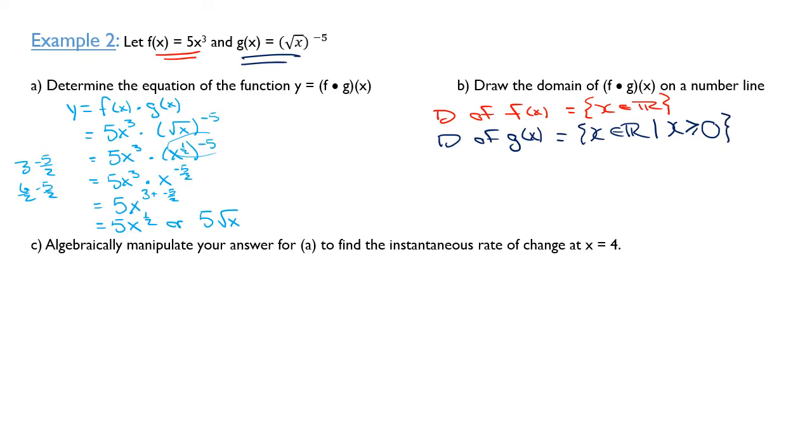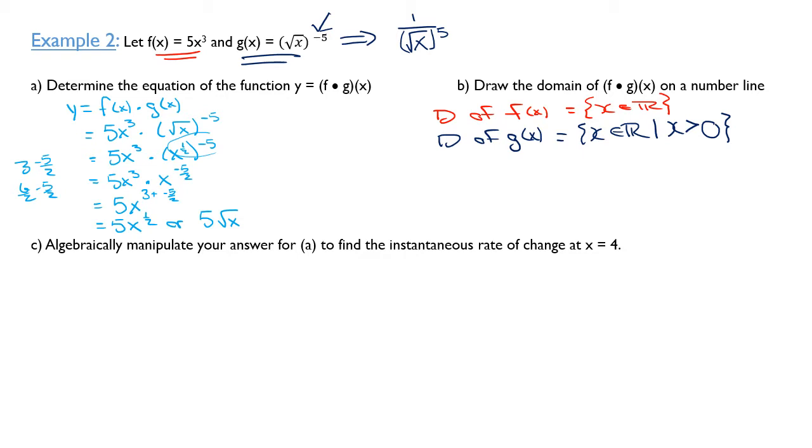The problem is this is a negative exponent here. So really, this is the same as saying 1 over the square root of x to the power of 5. That's g at x. So the denominator can't be 0, so we actually can't have a 0 for x. I'm going to have to erase that greater than or equal to. It can just be greater than 0.